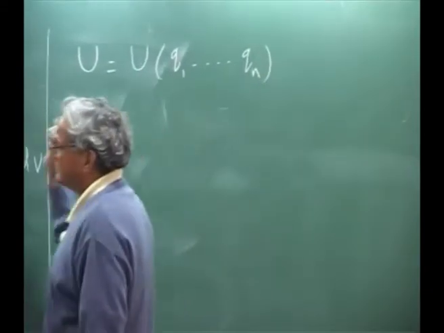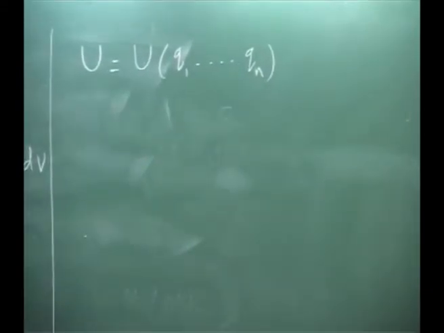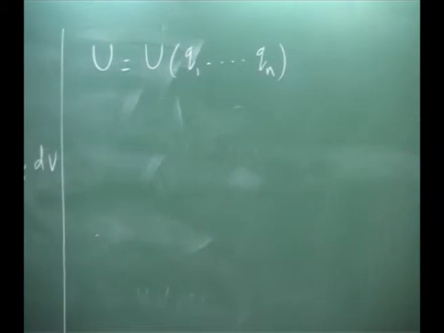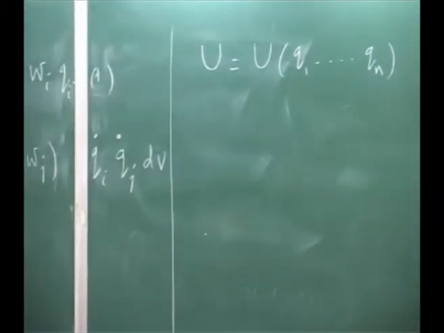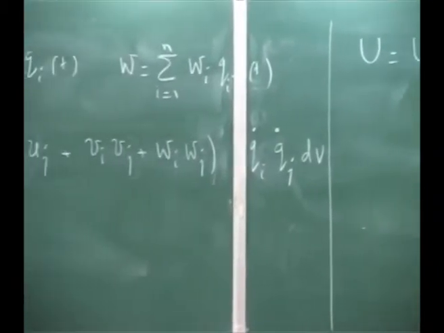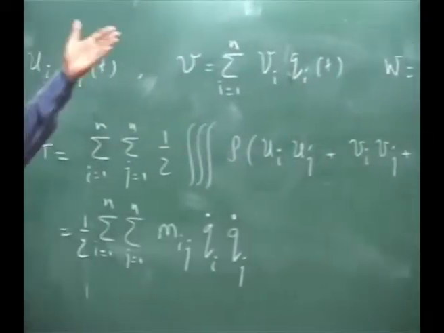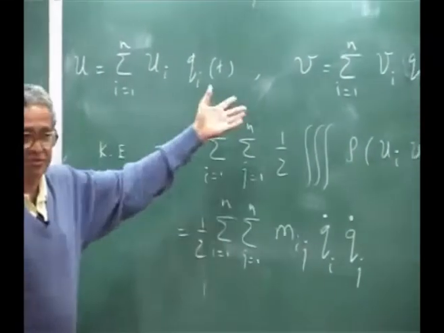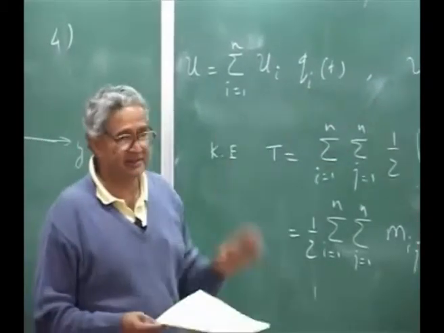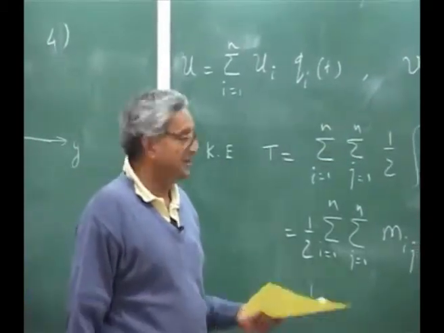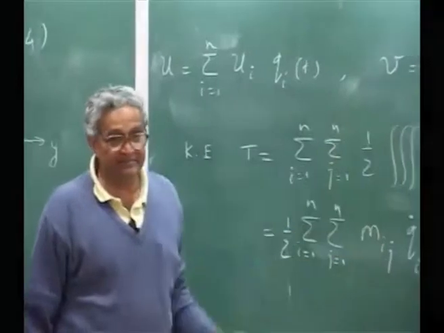That's all. That is the general expression. You have to substitute these deformations, you know the strain energy expression, substitute them and integrate, and you will get the strain energy, which will be only a function of the generalized coordinates qi.